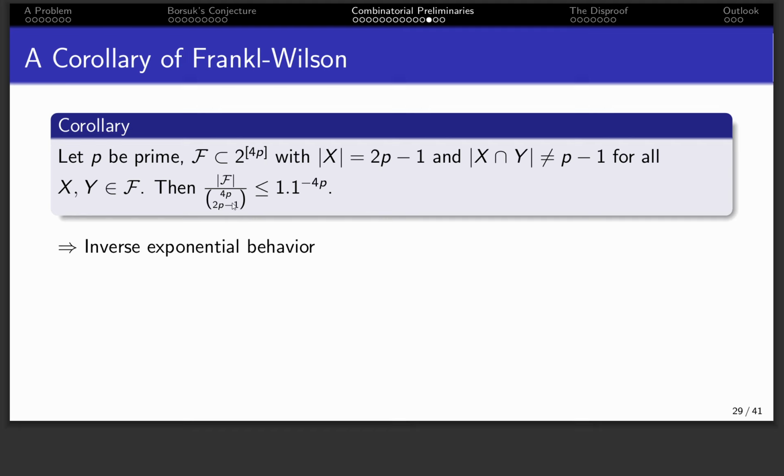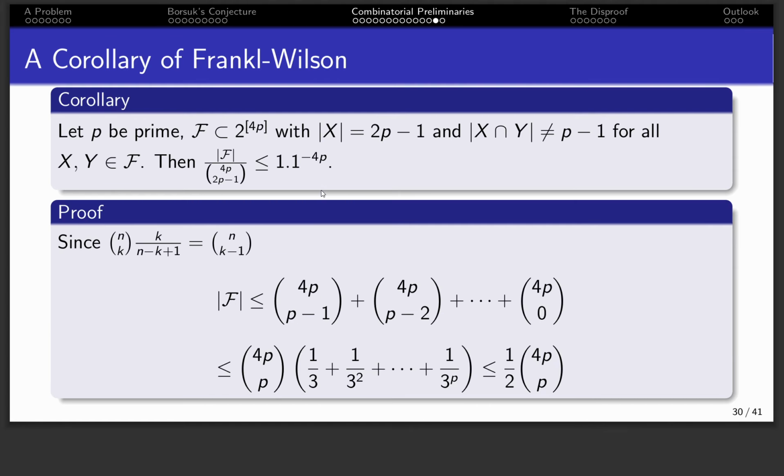So this here again is the size of a family which does not have this condition and then contains all of the elements of size 2p minus 1 in our 4p element ground set. So this indicates inverse exponential behavior, that just by excluding this one intersection size in our family, the relative size of this family to the family where we don't have this condition decreases exponentially.